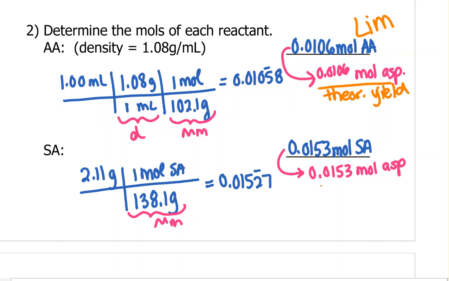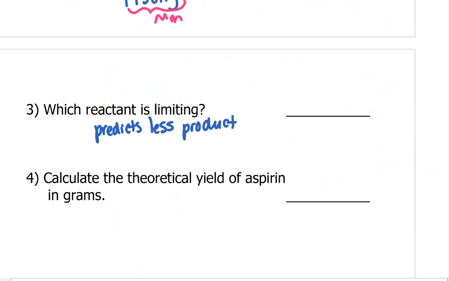And salicylic acid is the excess reagent. It predicted the higher amount of product. So we decided that it was the acetic anhydride.